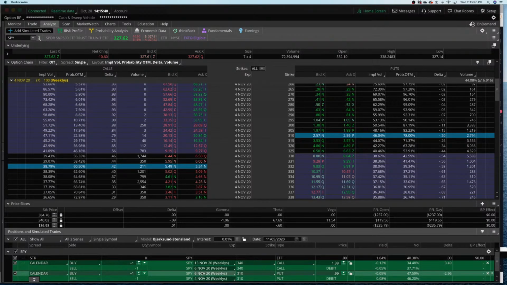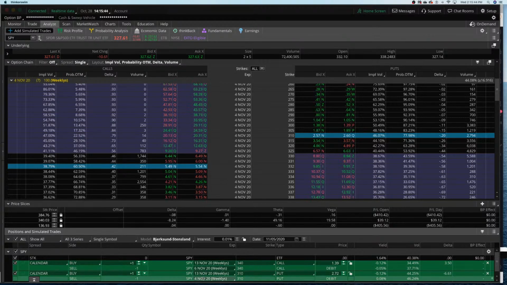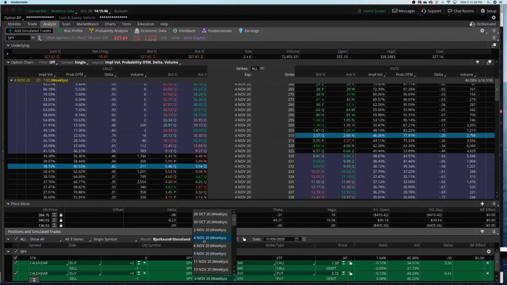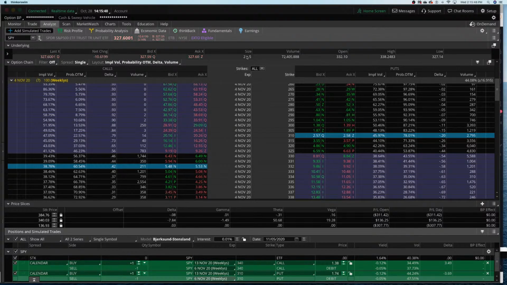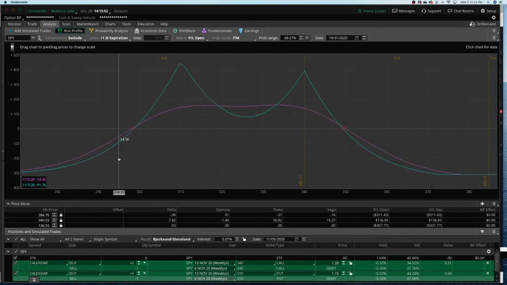All right, so we're long the 13th and short the 6th. Now let's take a look at that. So now what we've done is we've actually spanned a range of dates, and we've created a big, huge profit tent.